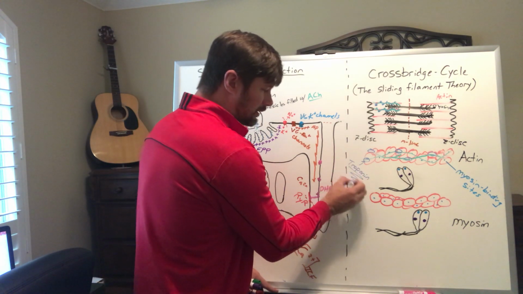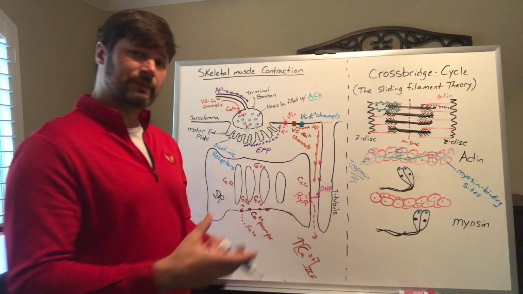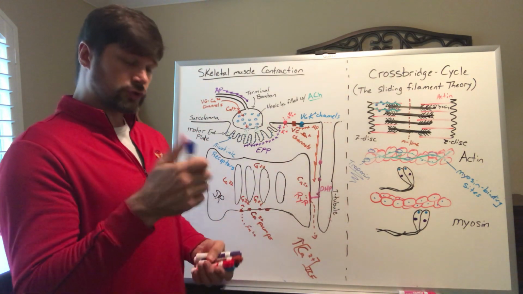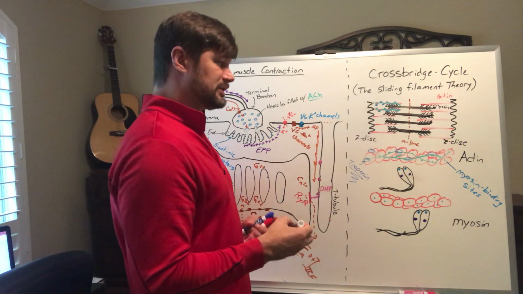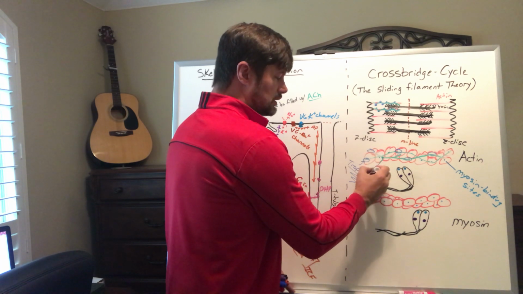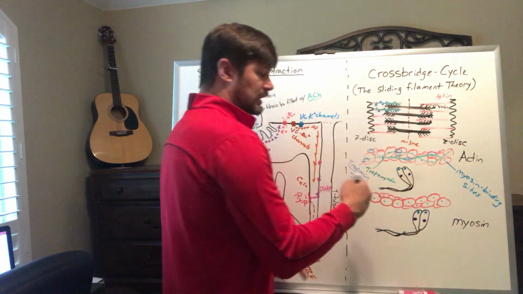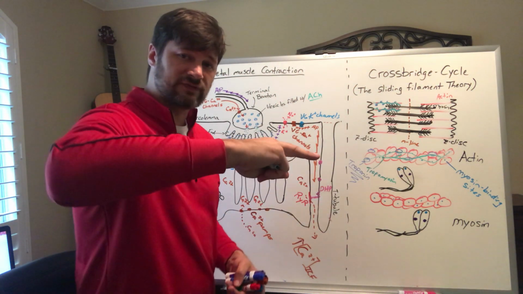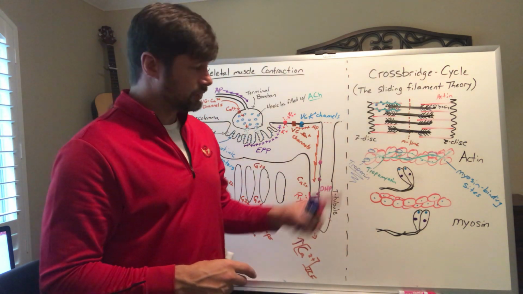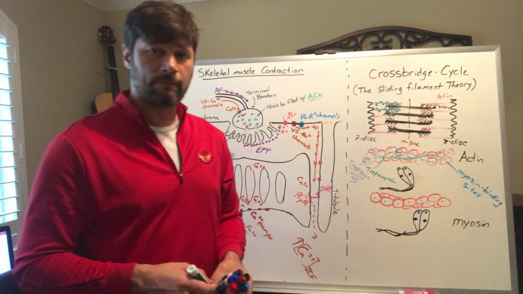This guy right here is a really important regulatory protein. It helps regulate this entire thing. Because when troponin gets calcium bound to it, it allows the tropomyosin to shift off of the myosin binding site, which is going to expose those myosin binding sites to the myosin head down below.